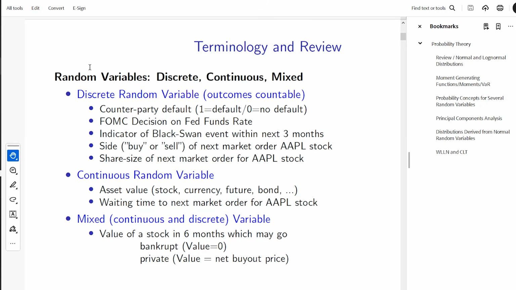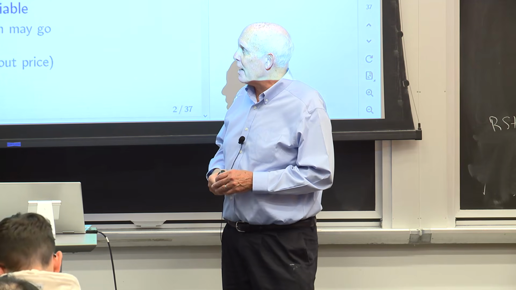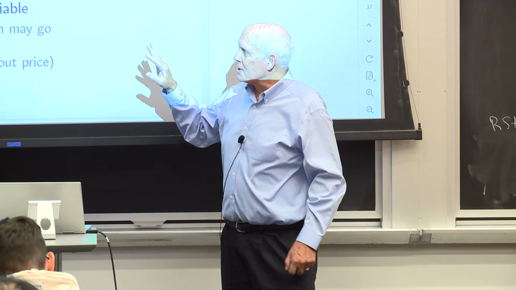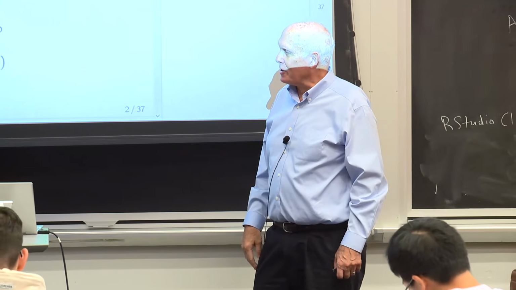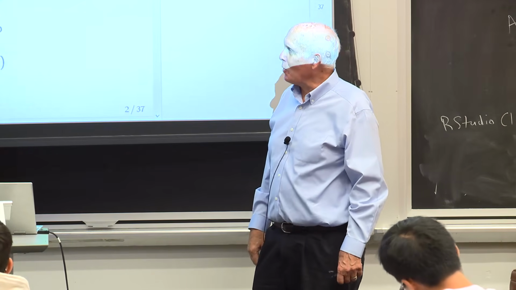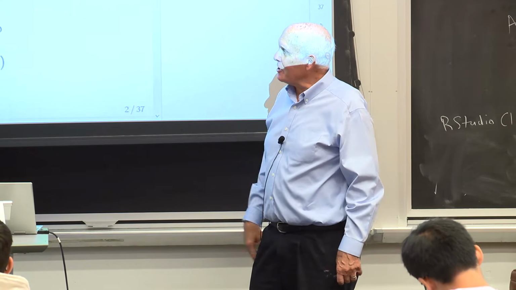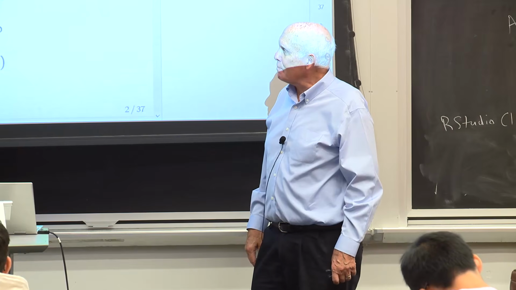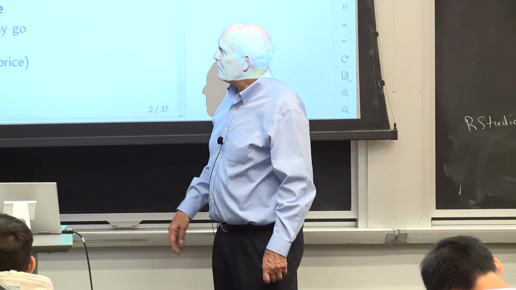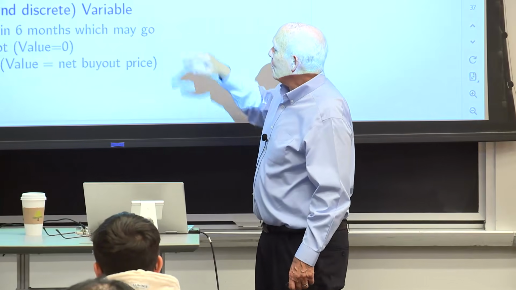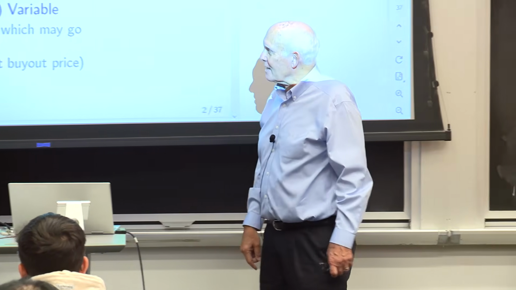In thinking about the values of assets, we can think of the value being in a continuous range. Also, timing of events is an important random variable that is continuous as well. One might consider the waiting time to the next market order for Apple stock.